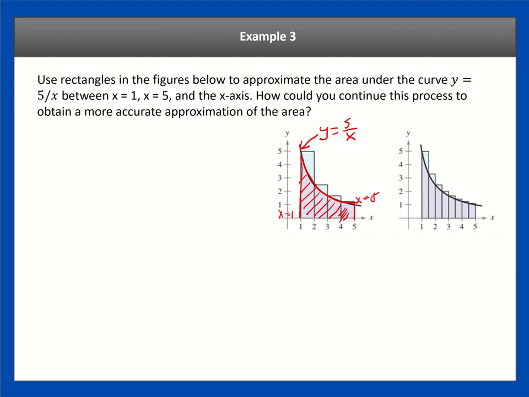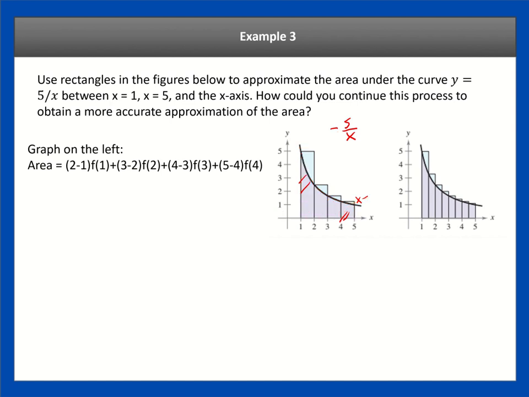Let me erase all this stuff now. So if I do the graph on the left, the area of a rectangle is base times height. The base of this rectangle is 2 minus 1, which is 1. And the base of the second rectangle is 3 minus 2, which is also 1. So that's the base, 1. The height of the rectangle is given by the y-coordinate of the graph.